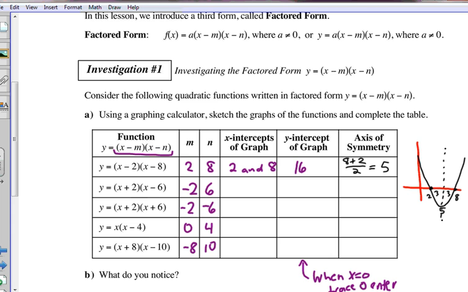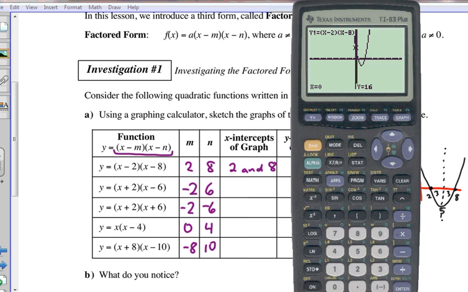Okay, let's look at another one. So take your calculator. Y equals (x plus 2)(x minus 6). Okay, so let's go zoom standard. Zoom 6. So remember we said negative 2 and 6.